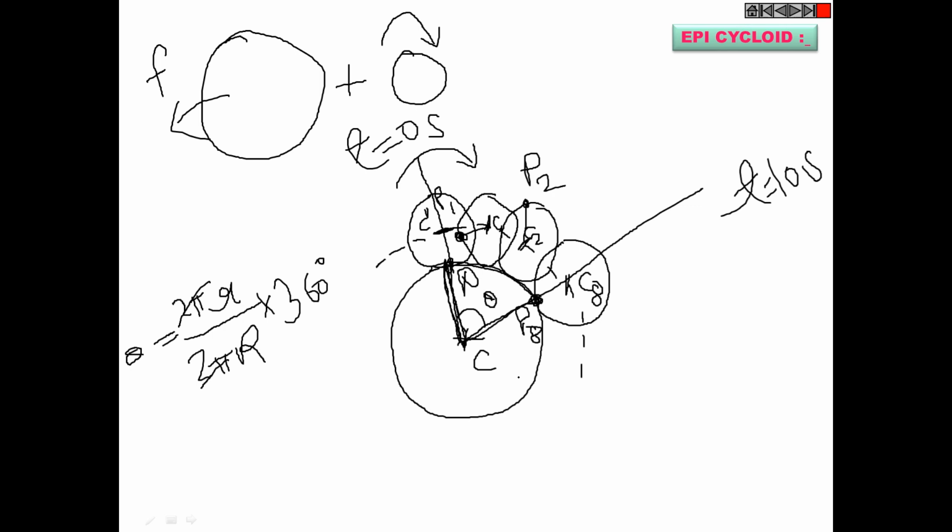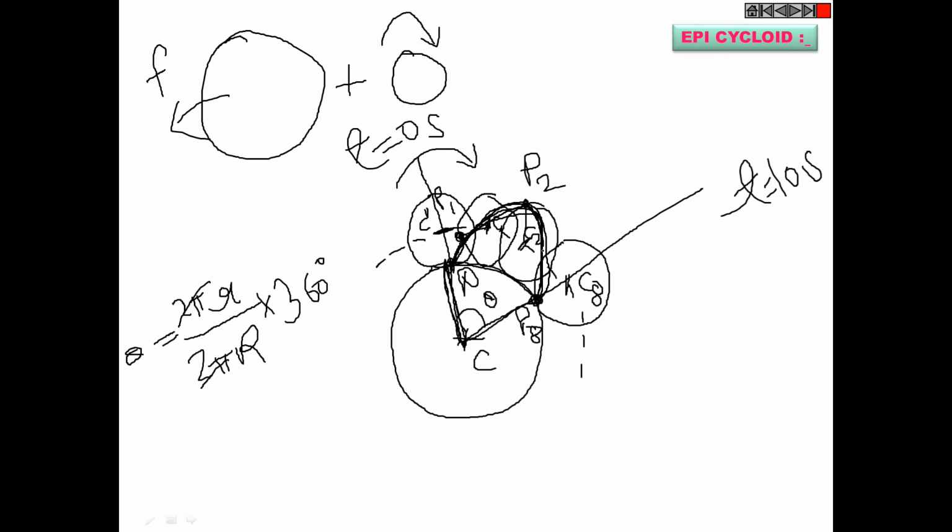Fine. So now if I join all these locus points, how will I join them? I have to use a French curve. I cannot use a scale because these are curved kinds of points. So if you join all these locus points with the help of a proper French curve, you will get a curve like this, and this curve is your epicycloid.